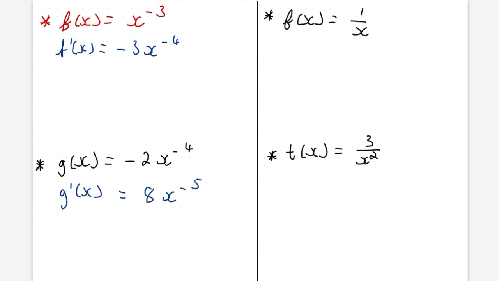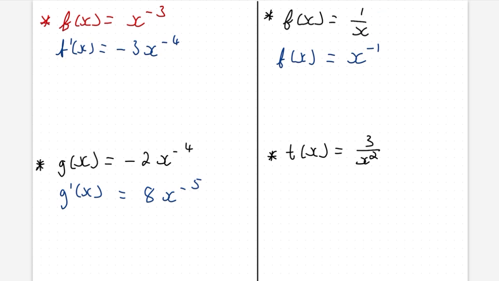Now, if you had that f of x is equal to 1 over x, then you would want to first rewrite this as x to the power of minus 1. Now, we've covered this in our video on the laws of exponents, but essentially you can always move something up or down the division line as long as you change the sign of its exponent.